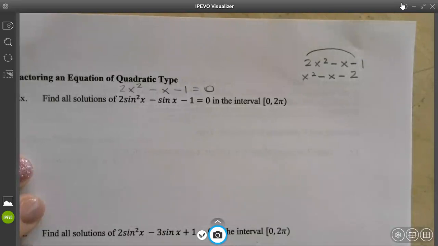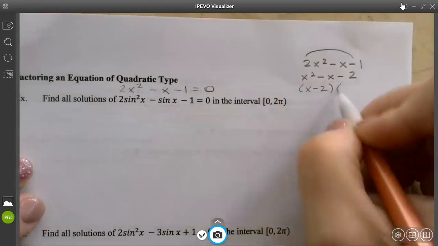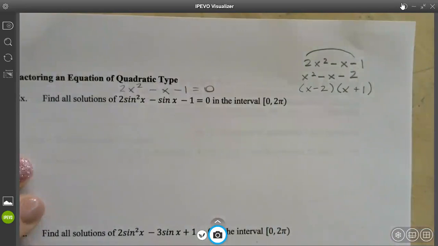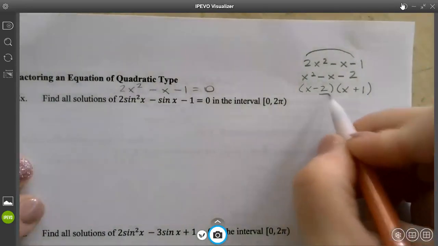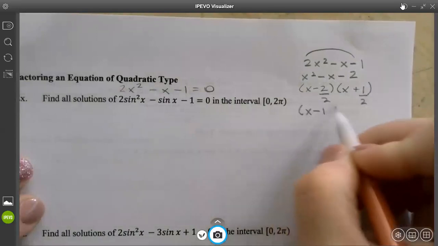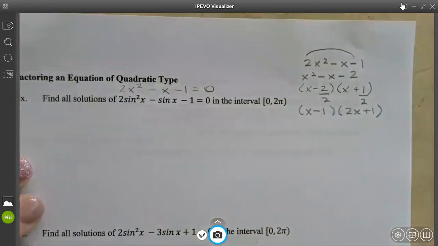Factors of -2 to add to -1. Yep. And then divide by 2, right? So we would get x minus 1 and 2x plus 1. But instead, what are our x's? Sine.